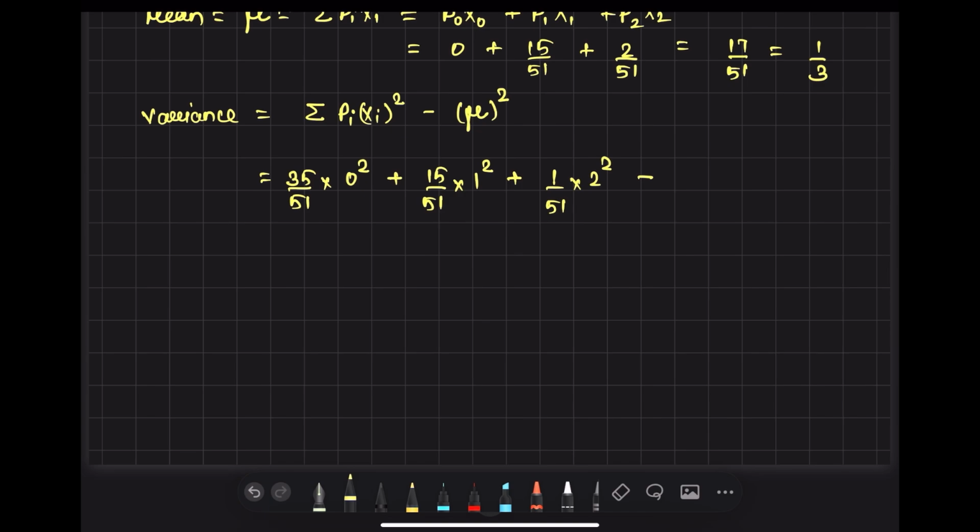Mean is 1 by 3. 1 by 3 square is 1 by 9. So this first term will become 0 and we will be left with 15 by 51 plus 4 by 51 minus 1 by 9.